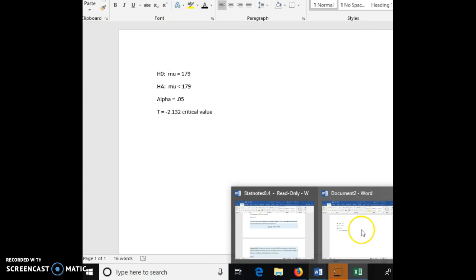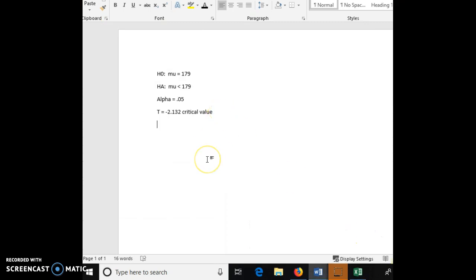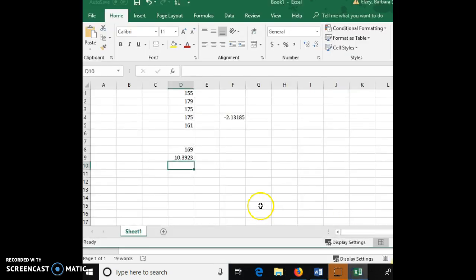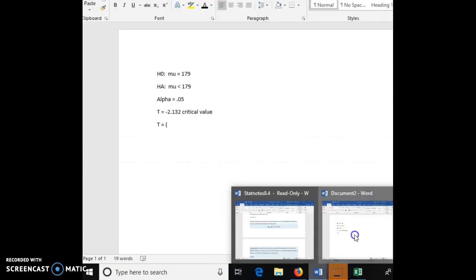Okay, so our test statistic for a small sample, the setup looks exactly the same, except it's a t instead of a z. But we're still going to have our sample mean, which in this instance was 169.